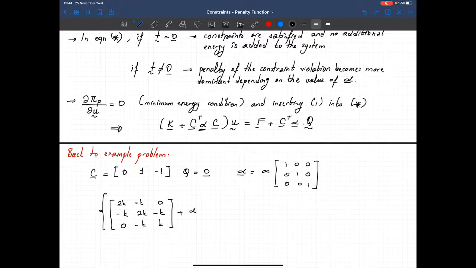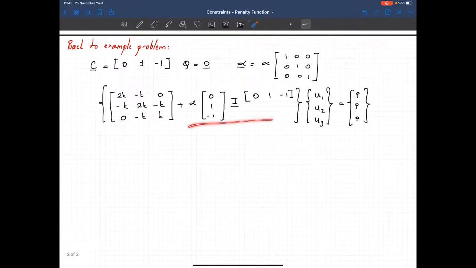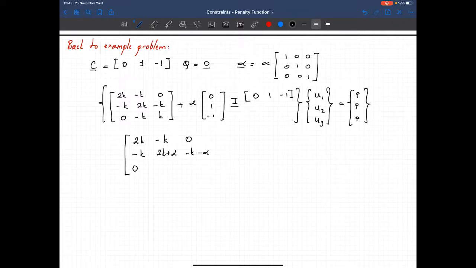Plus alpha, a value that we will define, times 0, 1, minus 1 multiplied by the identity matrix multiplied by 0, 1, minus 1, multiplied with the displacement vector u1, u2 and u3, should be equal to the applied force vector P, P and P. When you perform this operation and add it with the stiffness matrix, our new stiffness matrix will have the following form: 2K, minus K, 0; minus K, 2K plus alpha, minus K minus alpha; 0, minus K minus alpha, and K plus alpha.